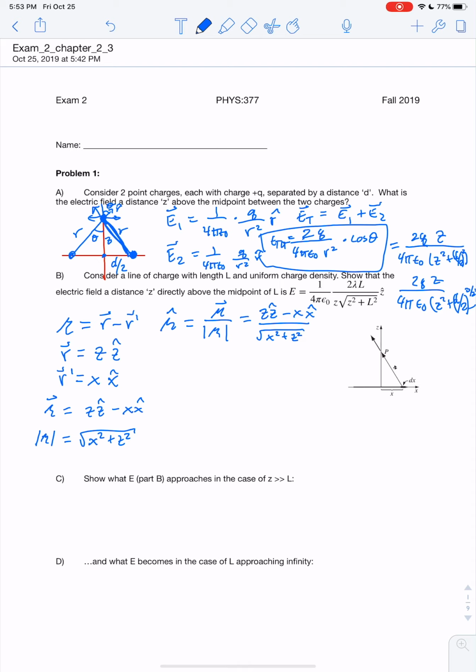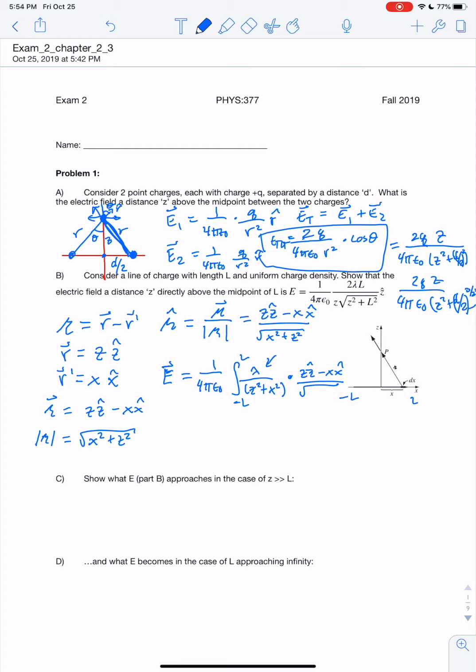Okay, so then the definition of the electric field, E, is just equal to 1 over 4 pi epsilon naught times the integral, and we're going to integrate from minus L to L. And then we've got our charge, lambda over z squared plus x squared, and we're going to multiply that by our z hat minus x hat divided by, so this is our r hat vector.